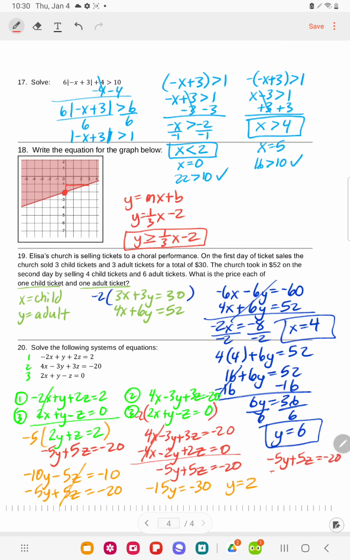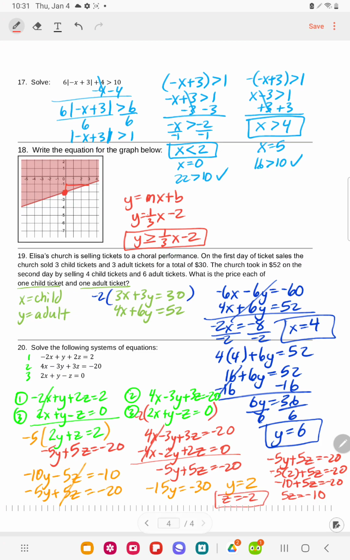So 2 times negative 5 plus 5z equals negative 20. In this case, negative 5 times 2 is negative 10 plus 5z equals negative 20. If we add 10 on both sides, we're left with 5z is equal to negative 10, or in this case, z equals negative 2.